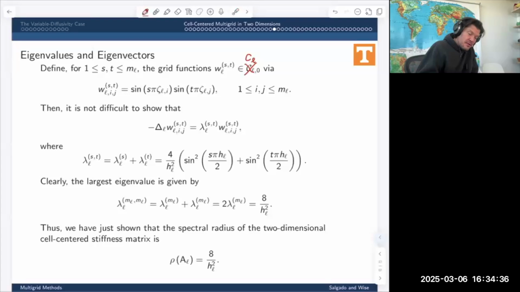Let's use an interior grid function because I only want to define this for interior grid points. I can easily extend this to ghost cells without any trouble, but it makes life a little bit easier if we simply define these for interior cell-centered points.